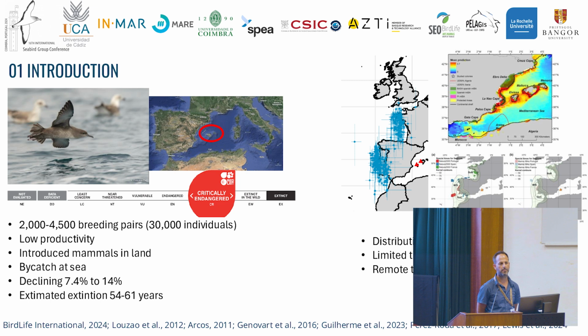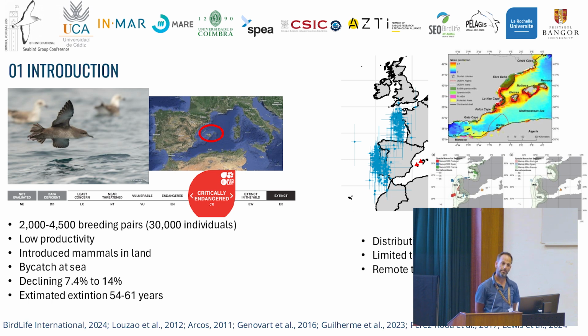As with many seabirds, they have very low productivity, and the main threats are introduced mammals on land and bycatch at sea. Demographic studies say the population declines about 10% every year, and the species is expected to be extinct in the next 60 years.